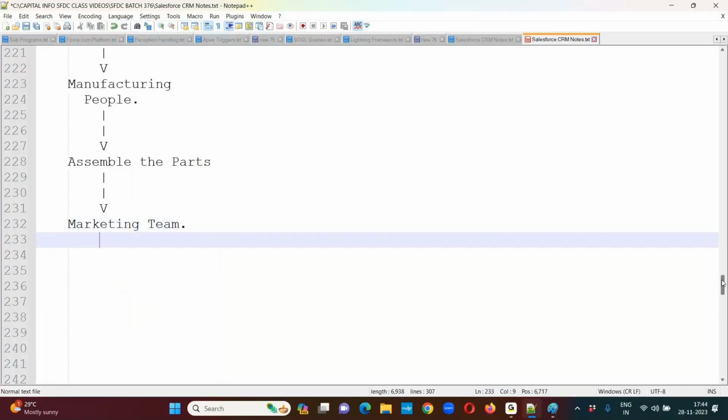They have their own marketing department. In that marketing department, there are so many employees, like marketing heads, marketing managers, marketing executives. Now tell me, what are these people going to be doing? What is the main responsibility of marketing people? Advertising their product.